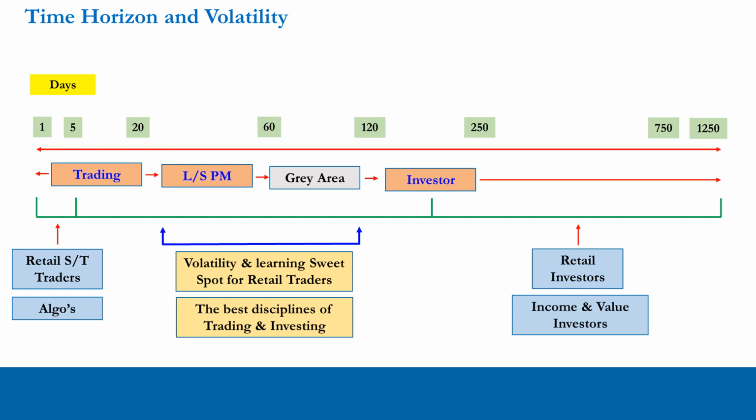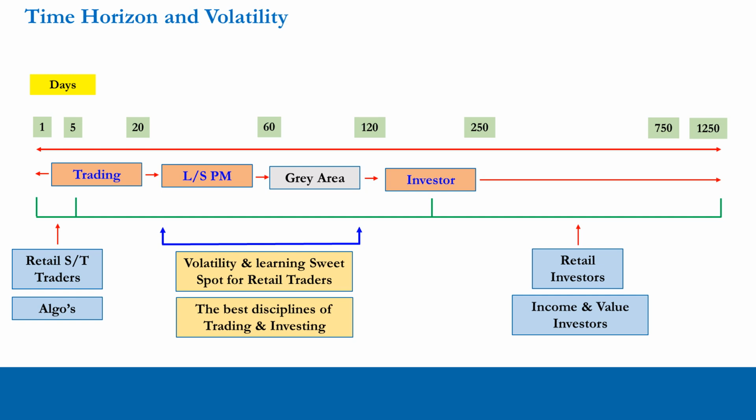So the framework is adaptable to our time horizon and volatility. But the vast majority of times, around 80% of the time, possibly up to 90, we are existing in the 20 to 60 day time horizon.